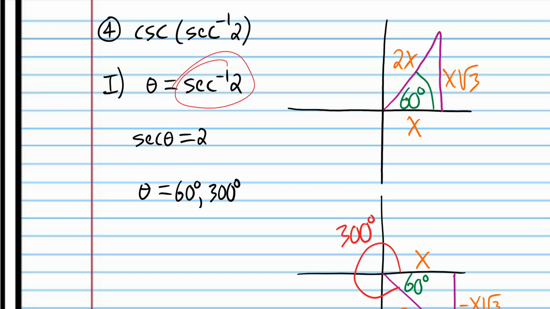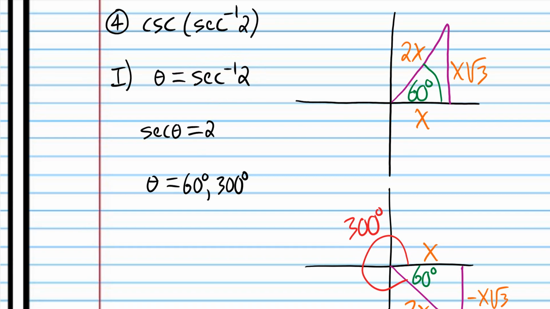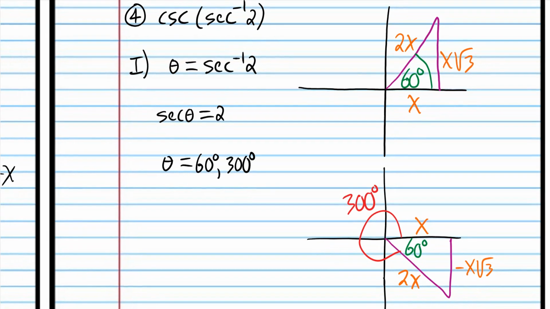This is considered to be the output of a function. So if you look at the range restrictions for secant inverse, it is restricted to values between 0 and 180 degrees. So we're going to cross out the 300, and we're going to say that secant inverse of 2 is equal to 60 degrees.